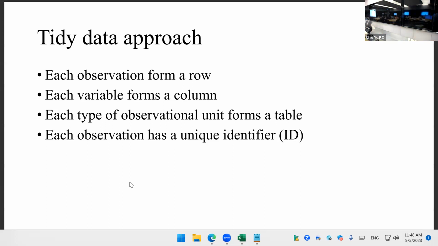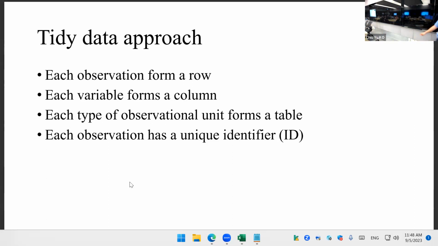In particular, the most important part is that each type of observation is a table. You will not combine different types of observation into one table.